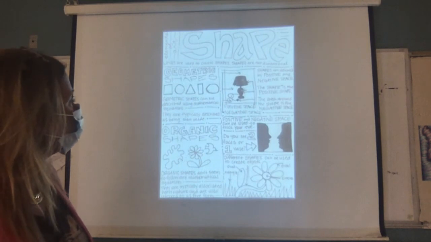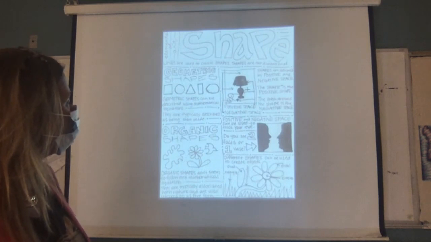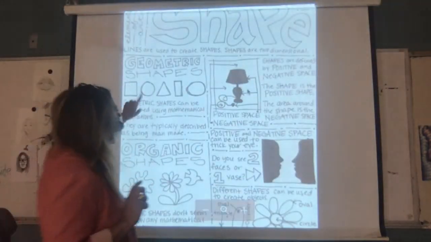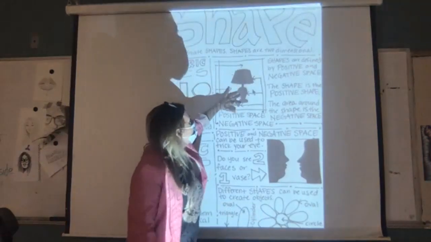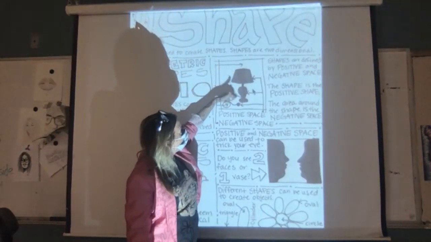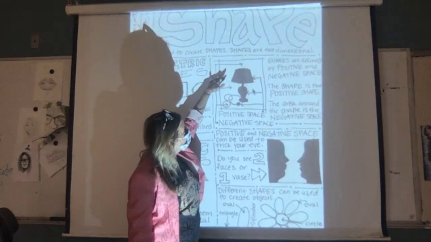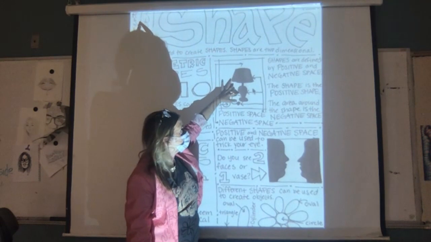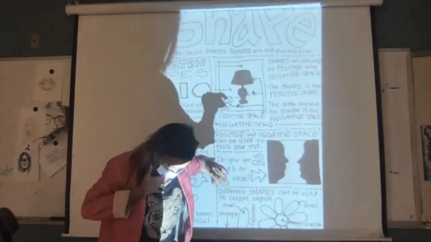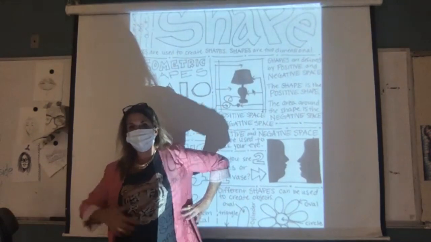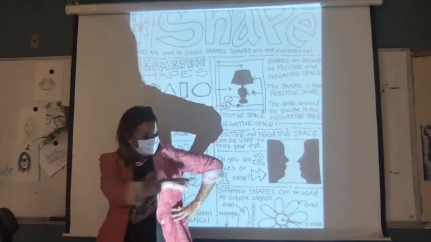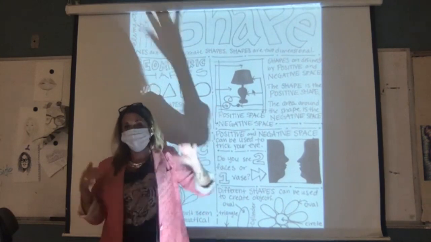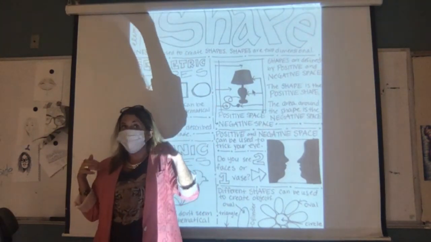Now, up here, we're going to talk a little bit about positive and negative space. So this lamp right here is positive. All the background stuff is negative. We're going to start doing some things with positive, negative type of design. If you were going to draw me and I had my arm out like this, I'm positive, but this space right here is negative. We can use that to help us draw.